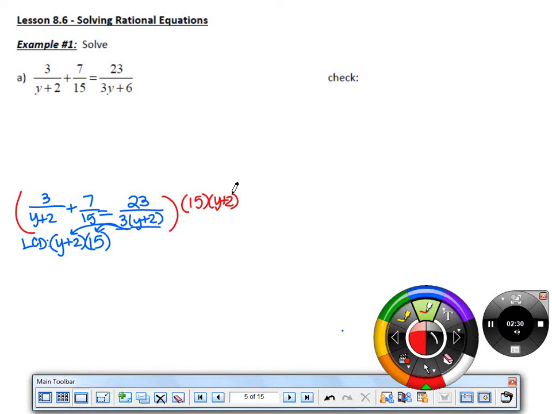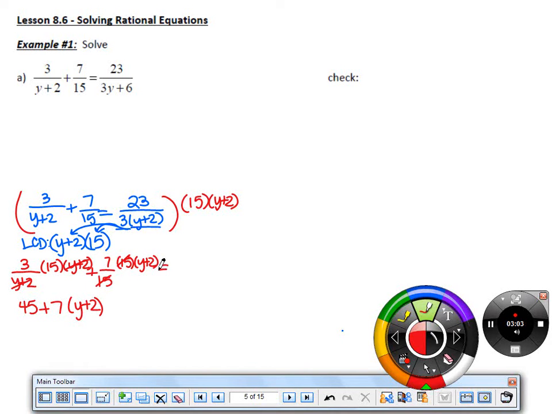So notice in the first fraction, if I multiply it by 15 times y plus 2, the y plus 2's will cancel out, and I'll be left with 3 times 15, which is 45. In the second fraction, 7 over 15 is going to get multiplied by 15 and y plus 2. The 15's will cancel out, and I will be left with 7 times y plus 2.